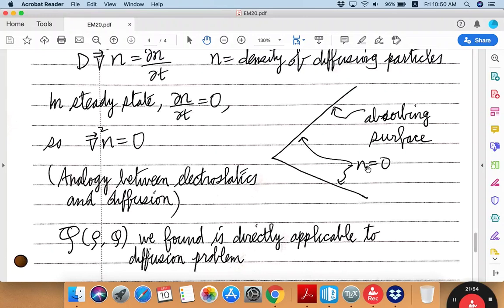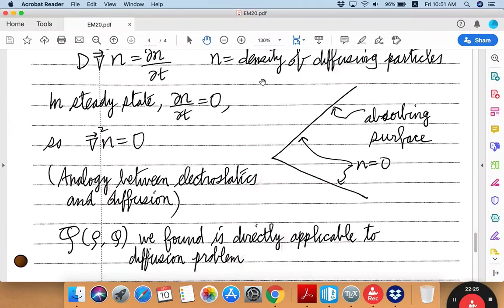Because of the properties of the materials that coat the surface, whenever a gas molecule hits the surface, it will get absorbed. That means the density of the gas molecules right on the surface will be zero. Okay, but this is exactly the same boundary condition we just imposed for the potential on the surface of a conductor.